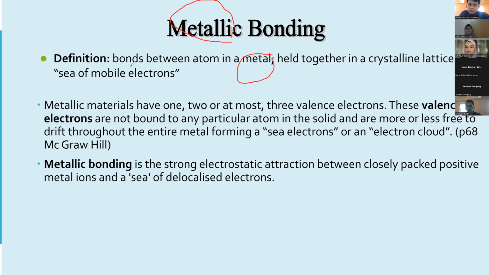Metallic bonding is bonds between atoms in a metal held together in a crystalline lattice. The structure is a network in a sea of mobile electrons.